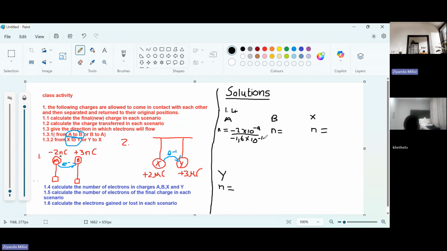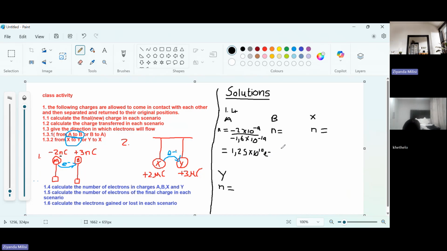What's the answer? 1.25 times 10 to the power of 10. Yes, so this is the number of electrons you have.